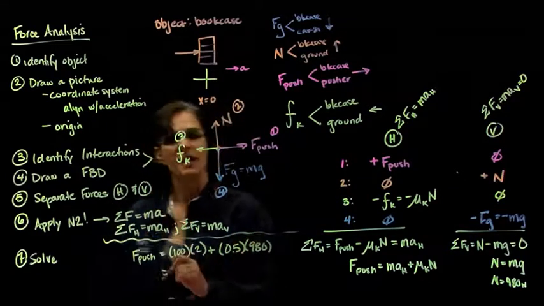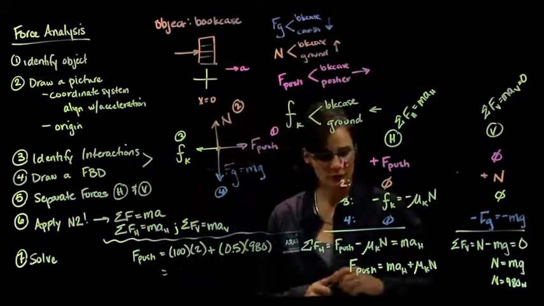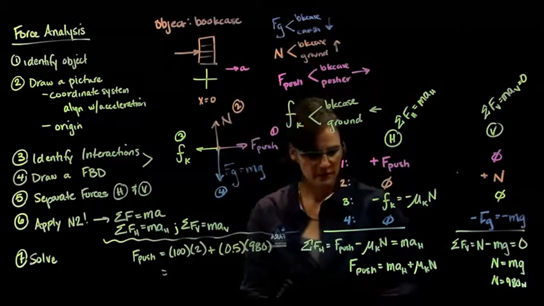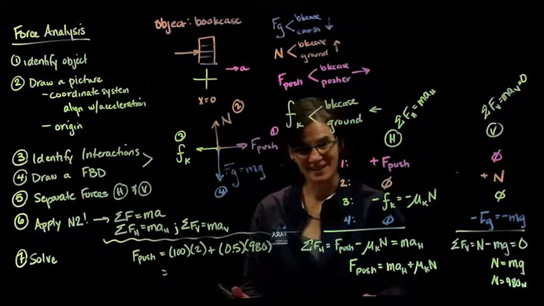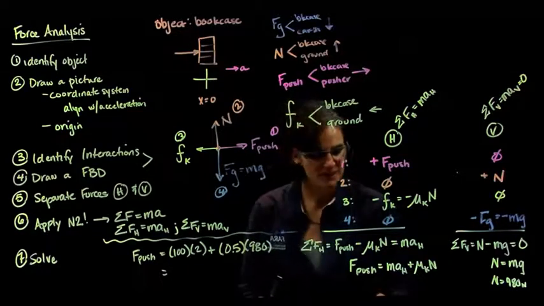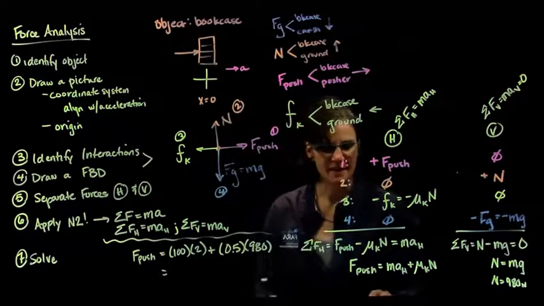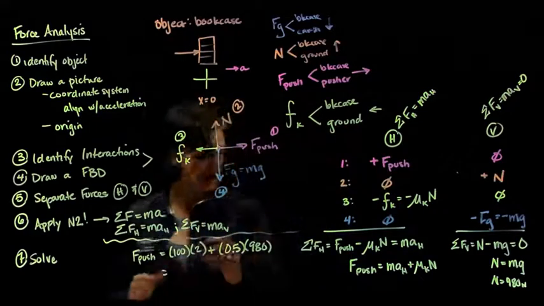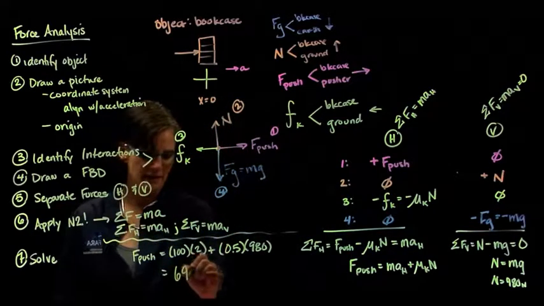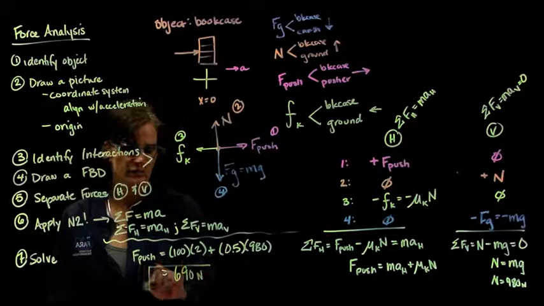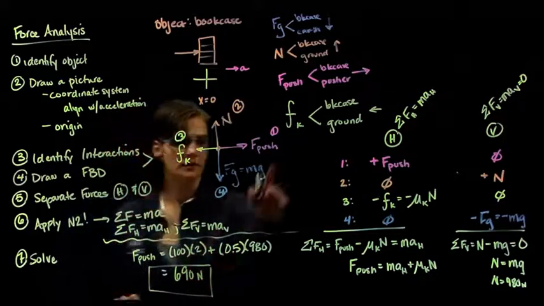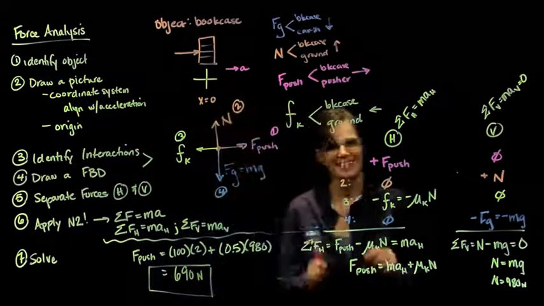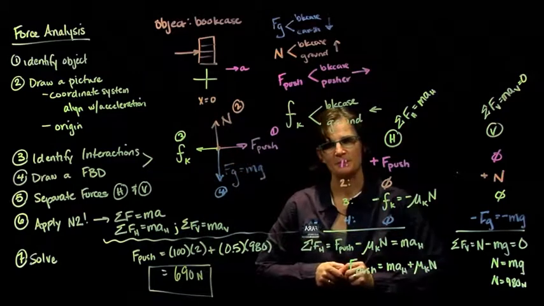And once I have that relationship, I can solve for the force of the push. So 200 plus half of 980 is 490. I get 690 newtons is the force required to push that bookcase at 2 meters per second squared.